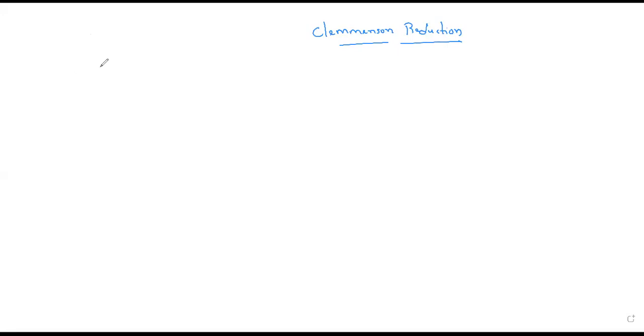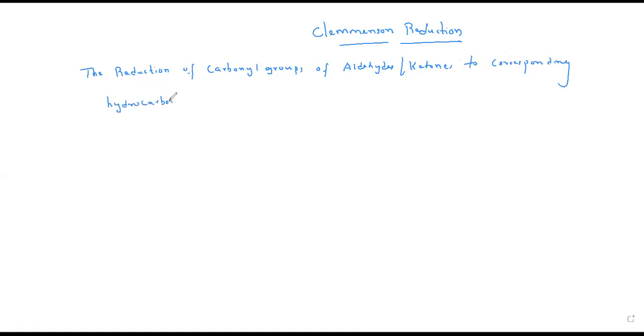If you see the normal statement for Clemmensen reduction, it is nothing but the reduction of carbonyl groups of aldehydes or ketones to corresponding hydrocarbons or methylene group in the presence of zinc amalgam and concentrated HCl.